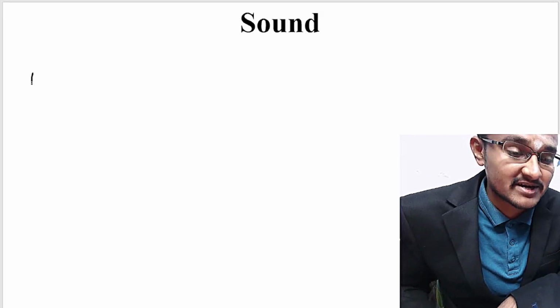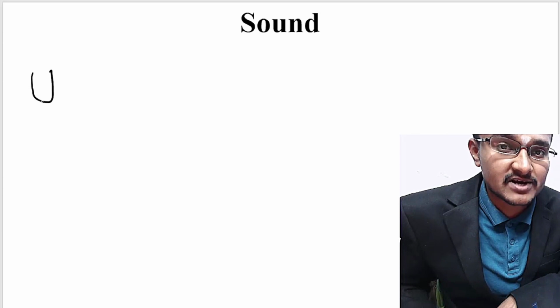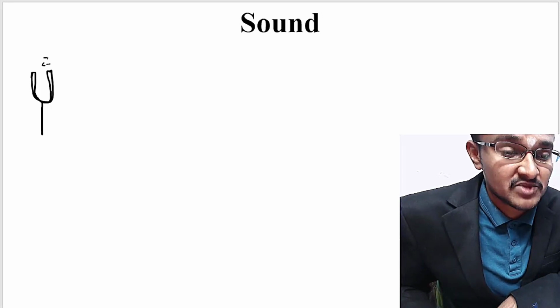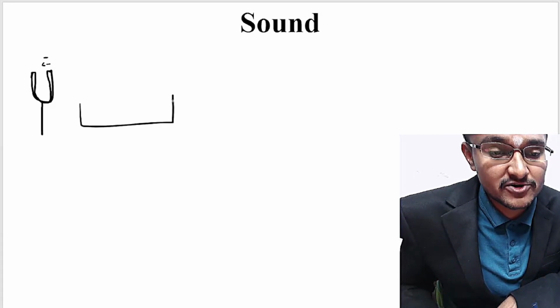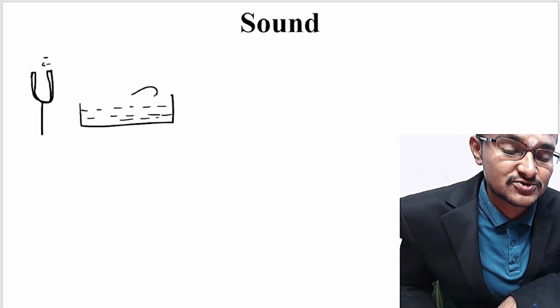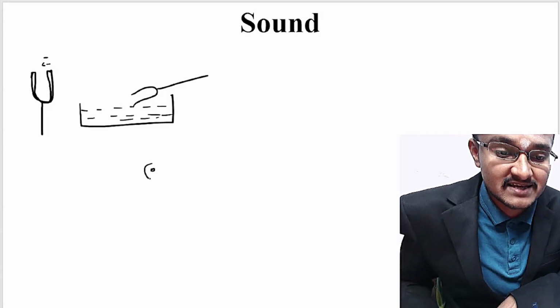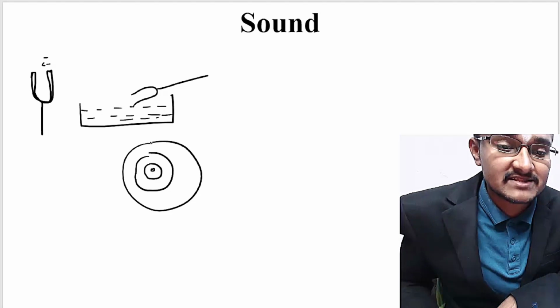If you have a lab in your school, then you can go to that lab and ask the lab attender to give you a tuning fork. If you hit this tuning fork on a surface, this tuning fork vibrates at its mean position. While it is vibrating, if you take a container and place water in this particular container, and if you hit this tuning fork and place this tuning fork in this fashion inside this water, then when this tuning fork touches the water surface, you can clearly see the waves generated in the water.